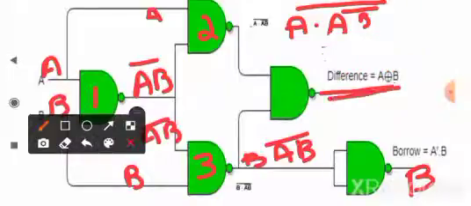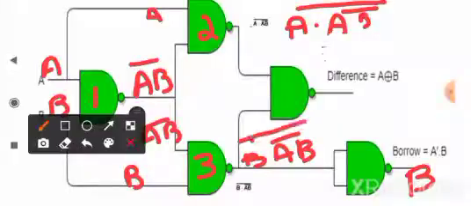Now the difference comes in the case of the borrow. For the borrow, we have B and AB complement, and we have B into AB complement. This is the output, and we are feeding it to this one.